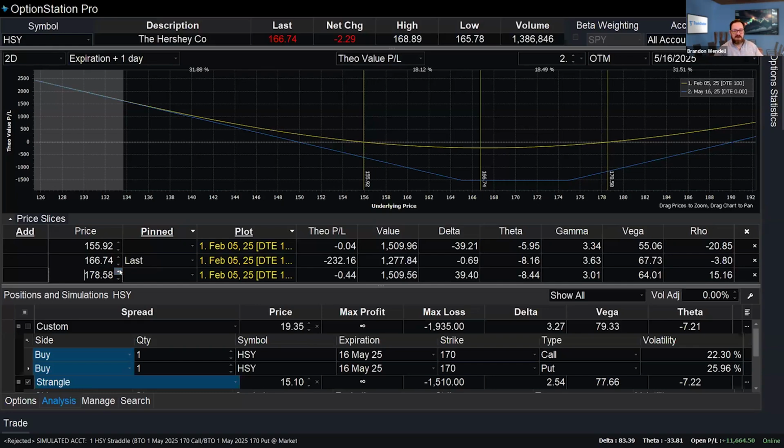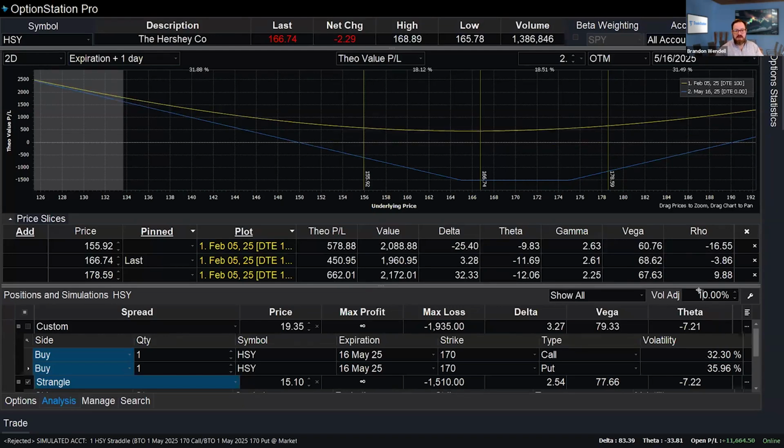This one's much further on the call side. So just using those break-even prices, if we get a 10% gain there, 662, it's almost the same. 578 versus 588. It's only a $10 difference.